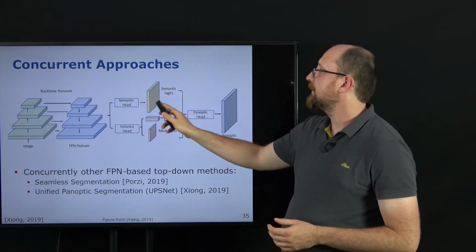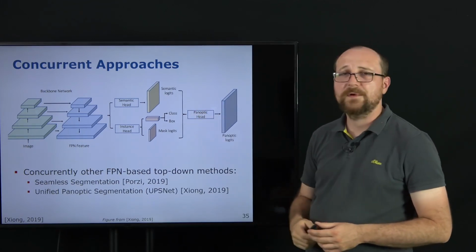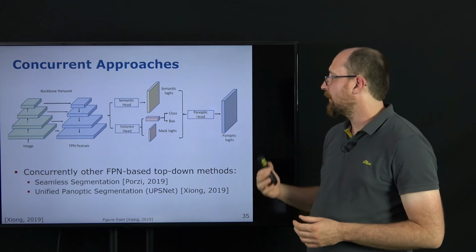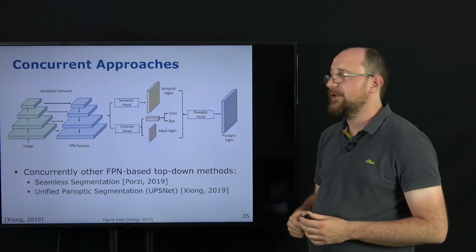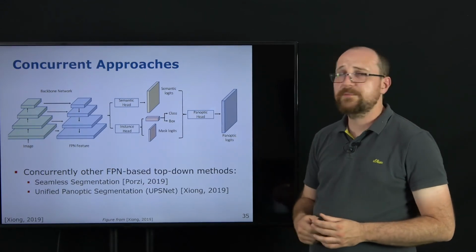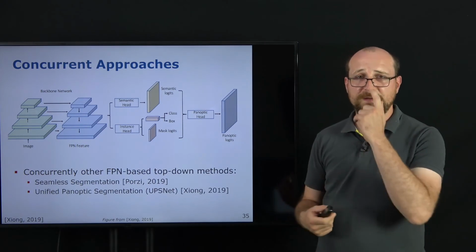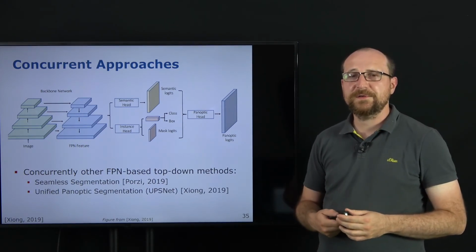And then we have here the semantic segmentation part, which is then combined with additional layers into a panoptic segmentation in the end. And these are top-down approaches, so to say, to tackle the panoptic segmentation.